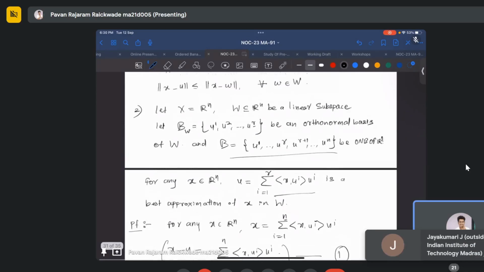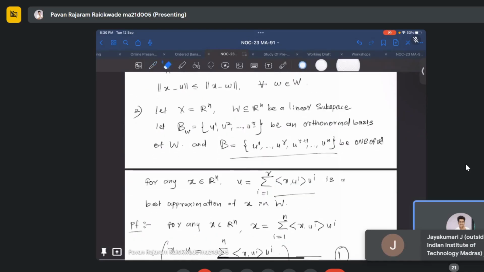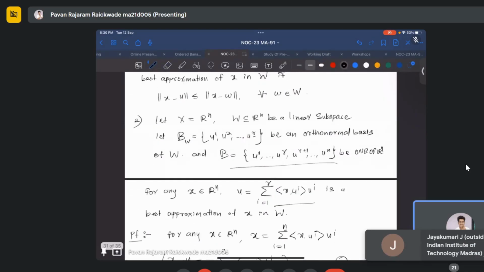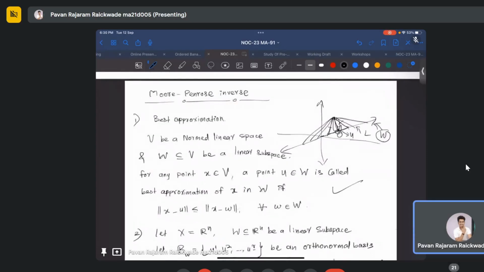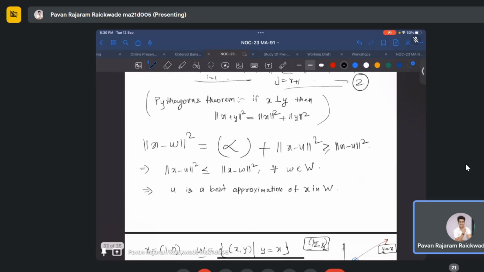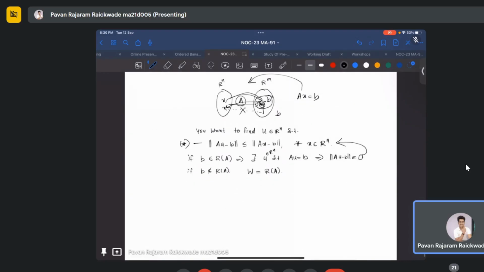You have a normed linear space, W a linear subspace, then you can find an element u in the subspace such that norm x minus u is less than or equal to norm x minus w for all w belongs to capital W. So in this sense, my W is range space of A.